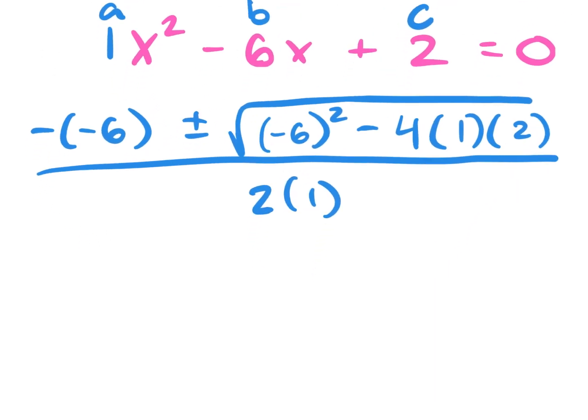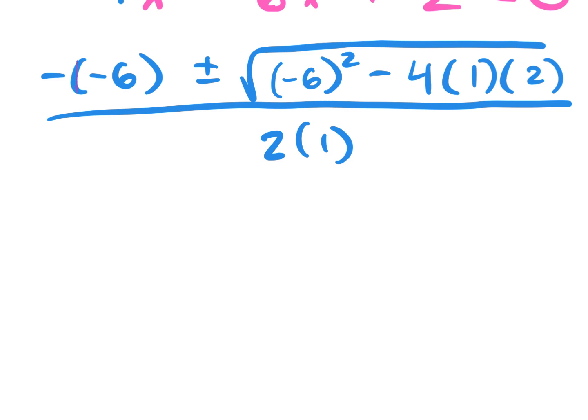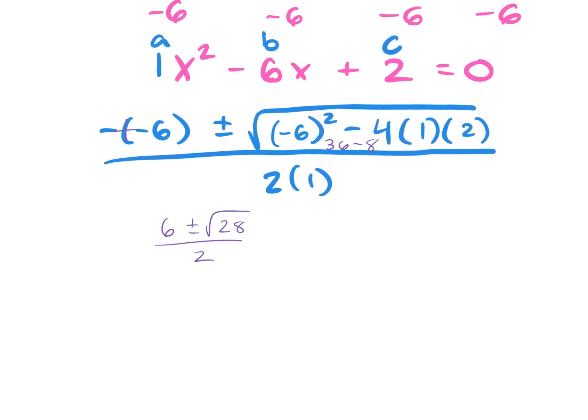Let's simplify. This turns into a positive 6 plus or minus. This would be 36 minus 8. What's 36 minus 8? 28. So the square root of 28 over 2.